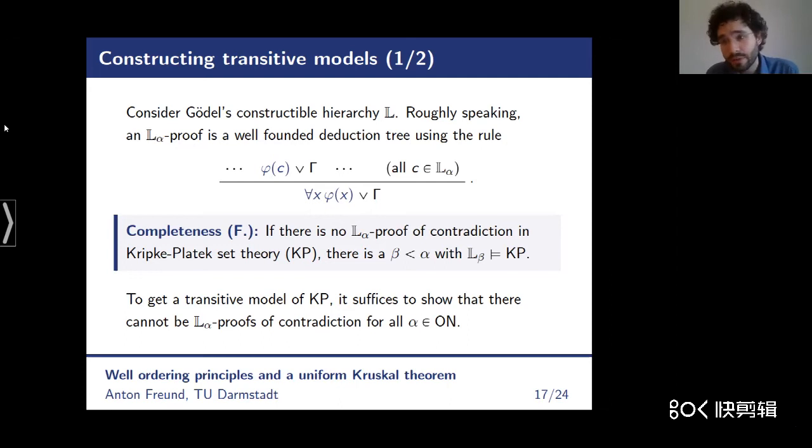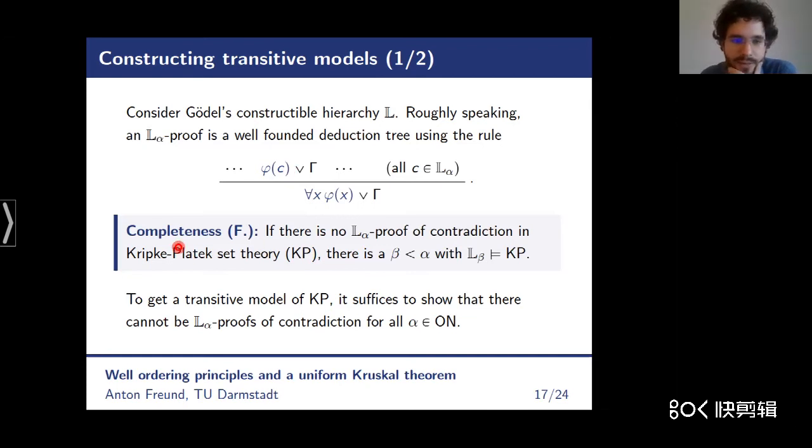And now in the case of omega proofs, we had a completeness result that was proved by Schoenfield. And here we also have a completeness result that goes back to work of Girard, but I think that in this specific form for the constructible hierarchy, it hasn't been formulated before the paper that I wrote.